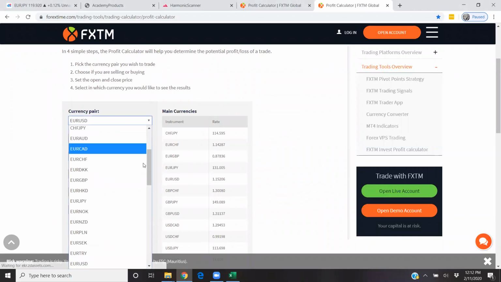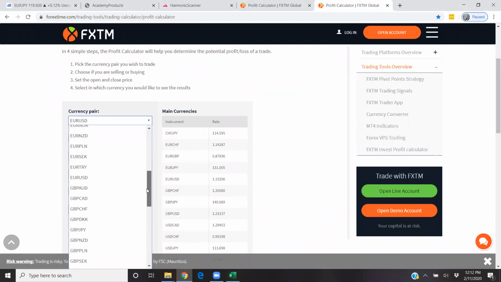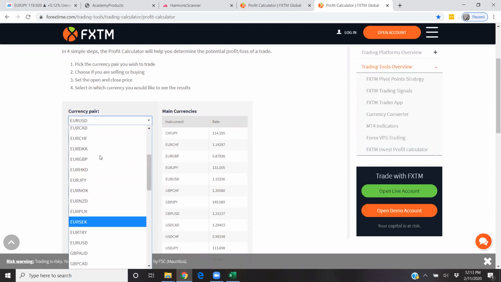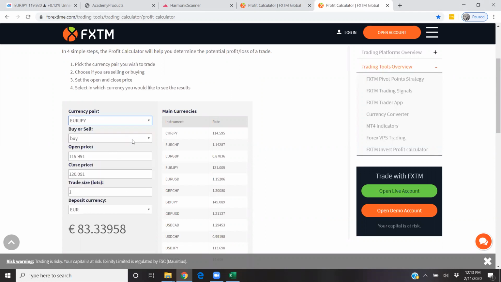So we're looking at Euro JPY. So you basically search for your pair, we're buying, and then our open price was 119.701, and the take profit 3 was 119.97.